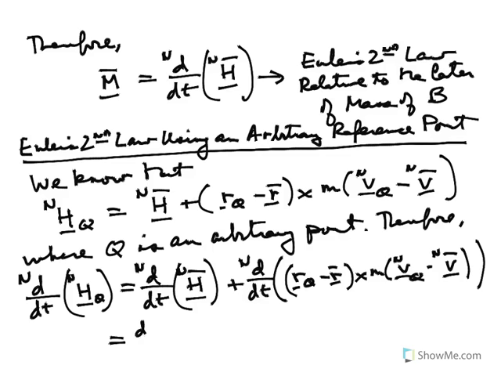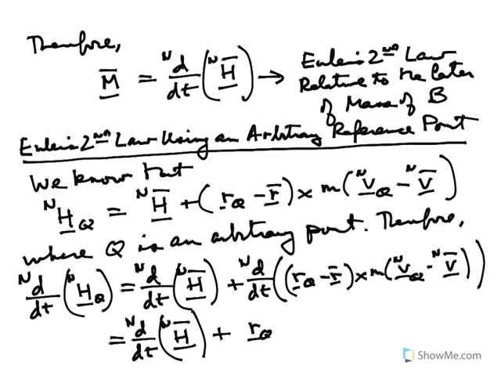This is equal to the rate of change in N of H bar in N, and then plus, now we've got a product rule again. The first term in the product rule is the rate of change of RQ minus R bar, which gives VQ minus V bar, crossed with M times (VQ minus V bar), so that disappears.